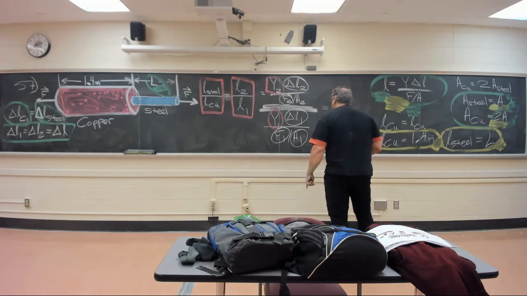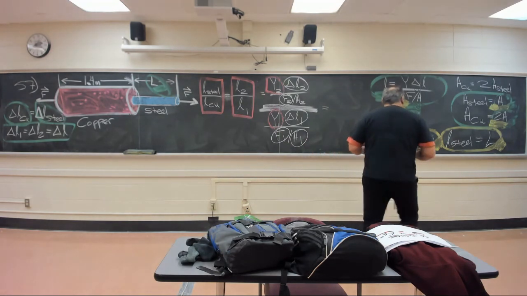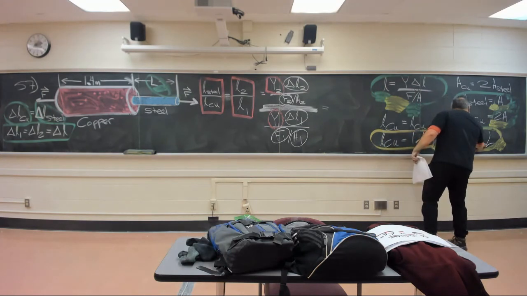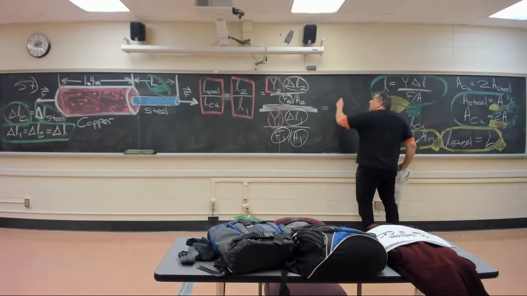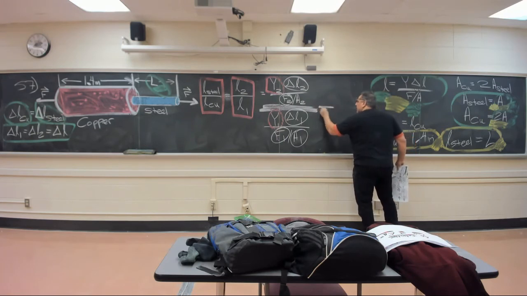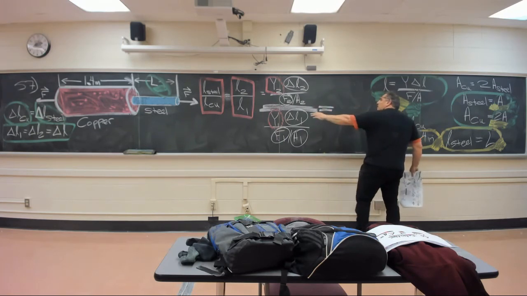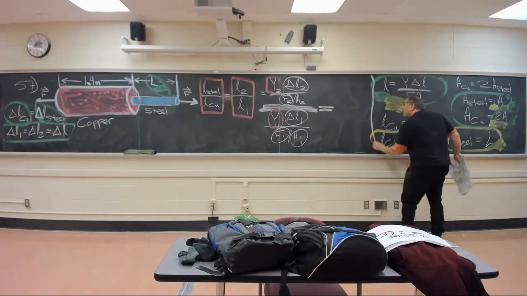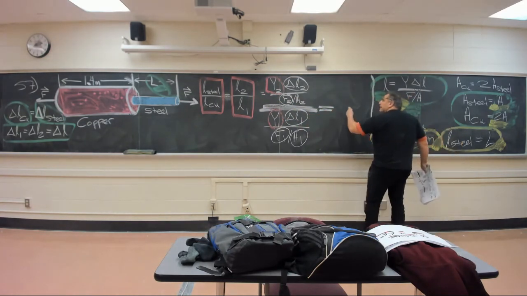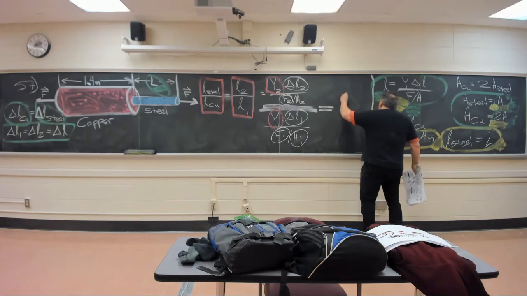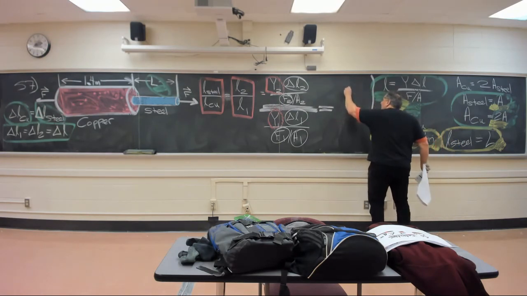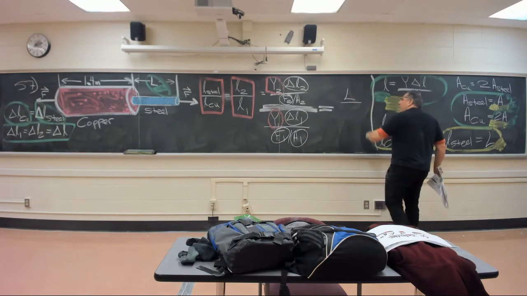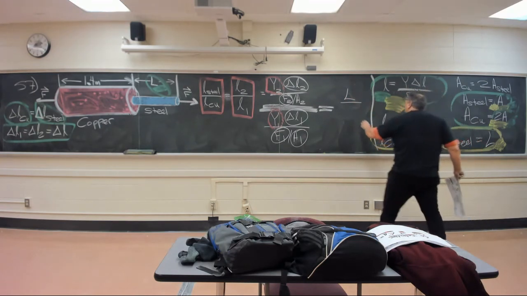We said that the length of the steel is capital L. Let's see what we got here. So that's this guy right here. The length of the steel is capital L, and we really wanted to know that one.